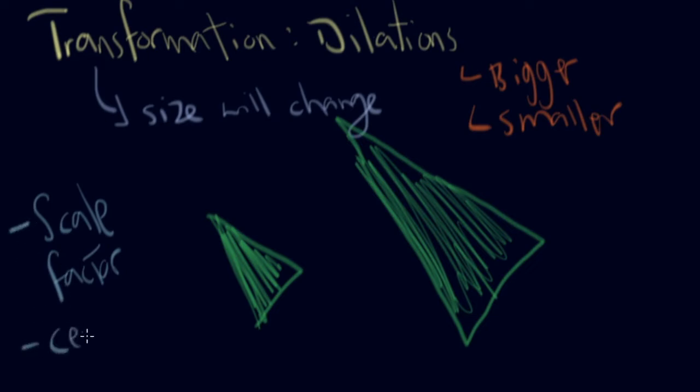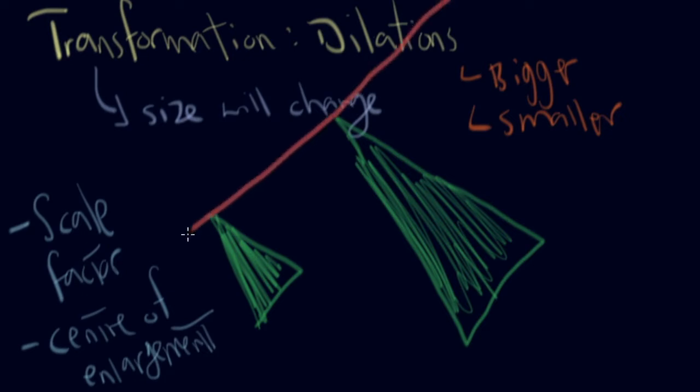The center of enlargement is a big fancy way of saying where was the point that you started to enlarge it from. How do you figure that out? This is how you figure it out. You take a ruler, and we're going to draw a line that goes through this point, and it goes through this point.